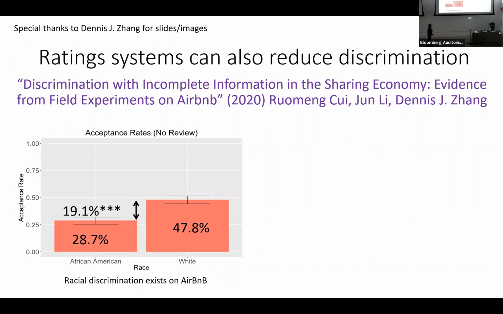In this particular market, for example, there was a 20 percentage point difference, almost 50% relative, in acceptance rates for guests with no review information. If neither the white person nor the Black person has a review, the acceptance rate was about 28.7% versus 47.8%.